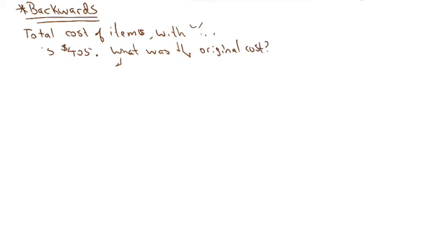I want to go back to the original cost. So you get to the register and all they tell you is the total cost, but you're curious what the sum of all your items were before taxes.